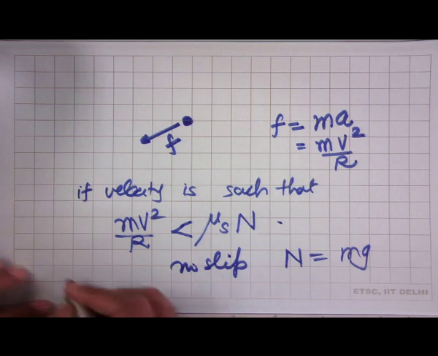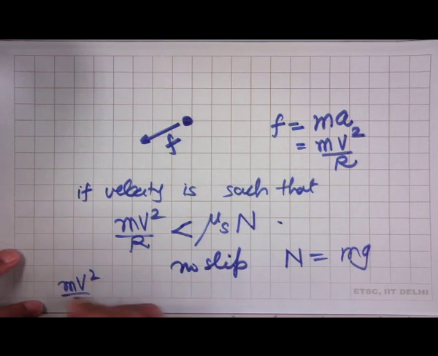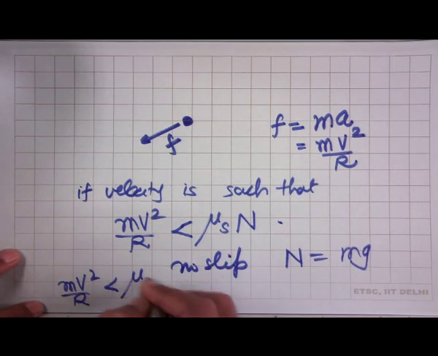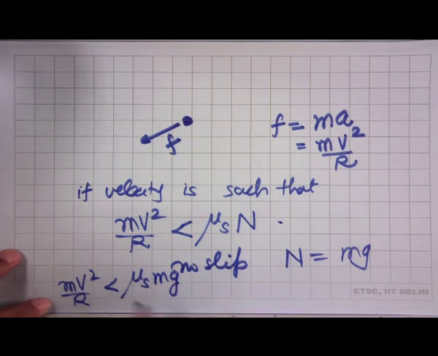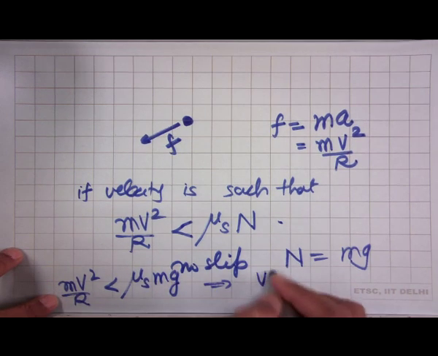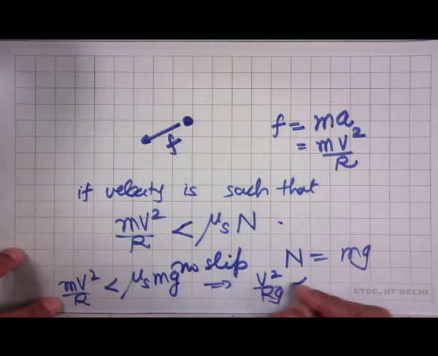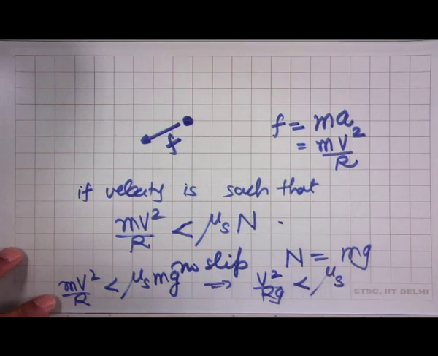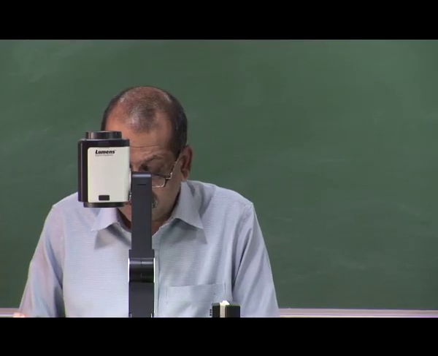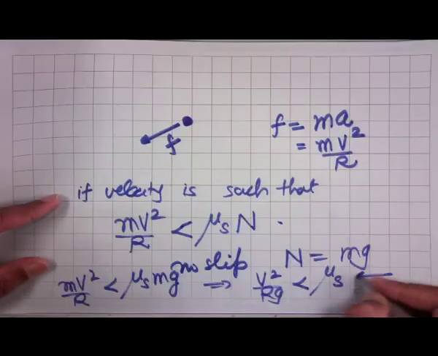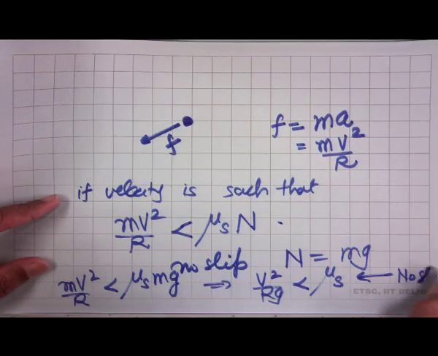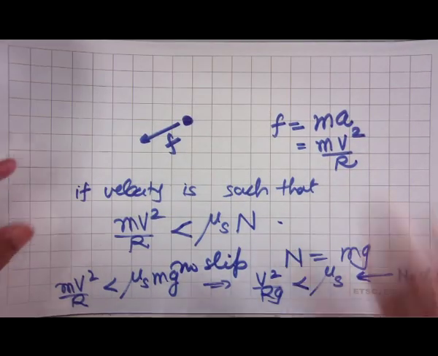So, the condition for no slip becomes mv square upon r is less than mu s times mg. So, this gives us v square upon rg is less than the coefficient of static friction between the passenger and the seat. For this condition we have no slip, the passenger keeps on sitting.